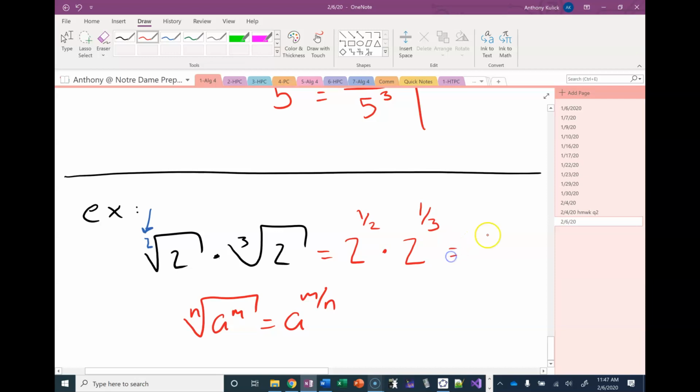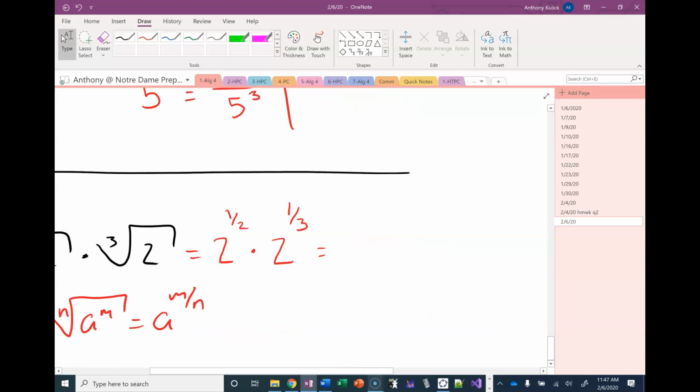Okay. So if I multiply 2 to the 1/2 and 2 to the 1/3, we would add those exponents, right? To add two fractions, what do we need to have? A common denominator. What would the common denominator be between 1/2 and 1/3? 6.